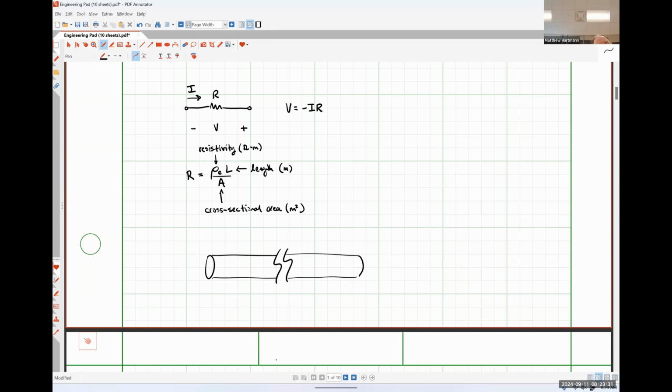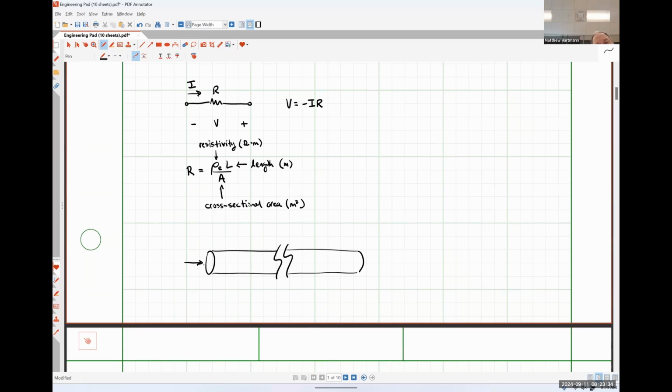So if the current is flowing down the longitudinal axis of the wire, then this dimension is the length of the wire, and the cross-sectional area of the wire would simply be the area formed by the wire's circular surface.